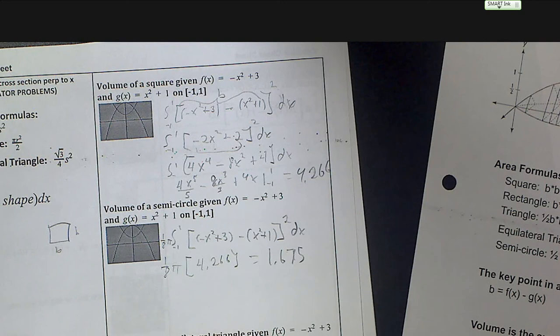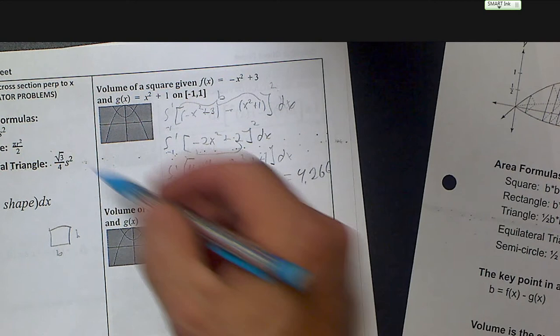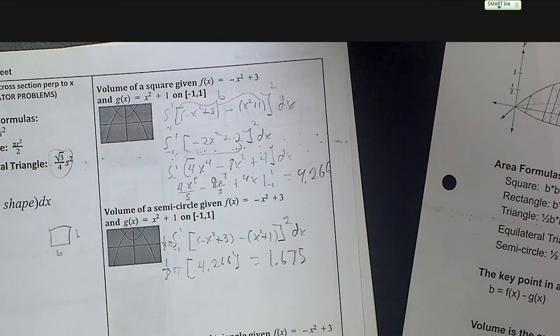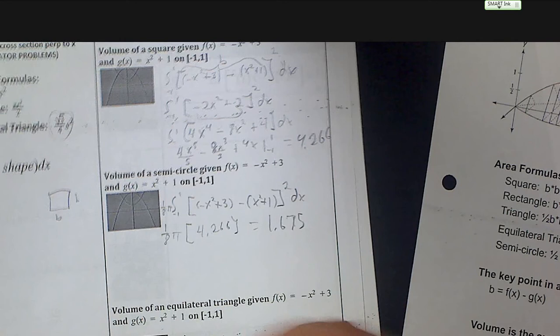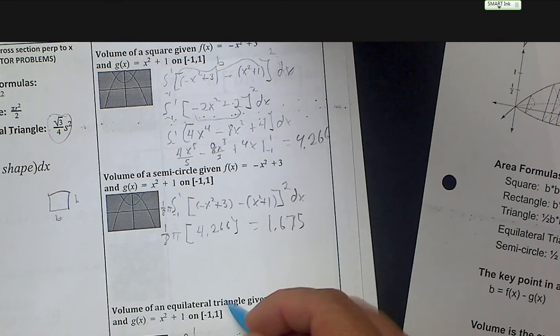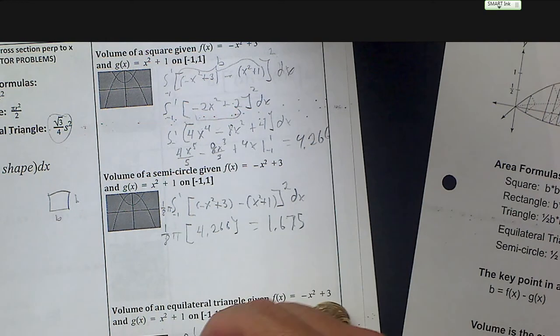And then the equilateral triangle. Well, the equilateral triangle is right here. This is an equation you need to memorize. This is one you probably do not have committed to memory. Square root of 3 over 4 s squared. If you notice, the square root of 3 over 4 is a constant, so it's going outside. What's going inside? S squared, which is base squared.